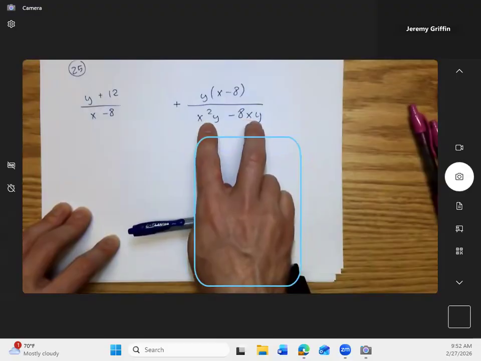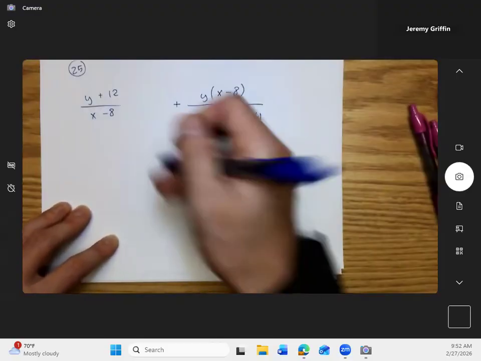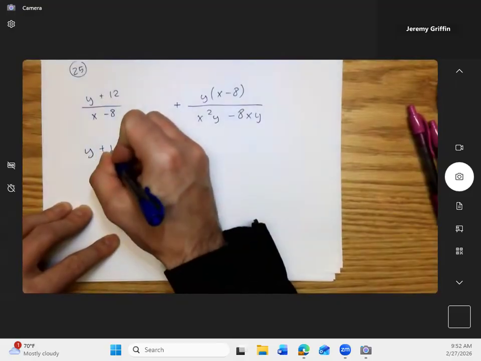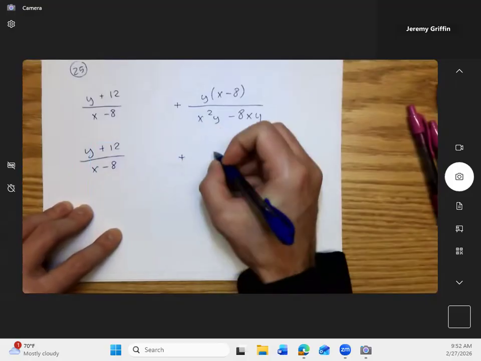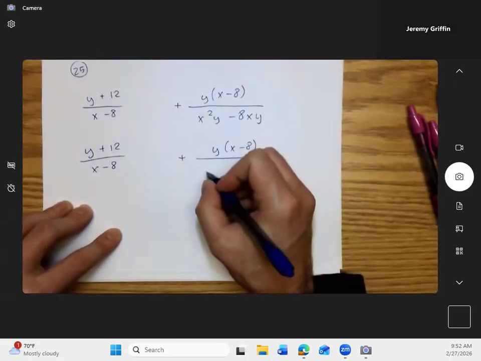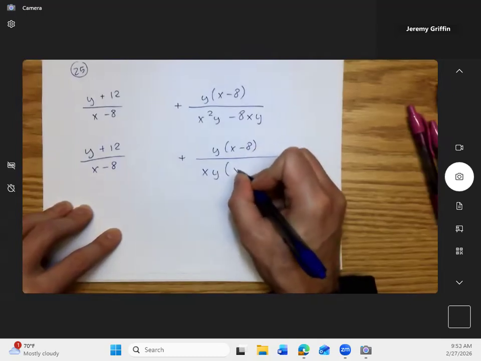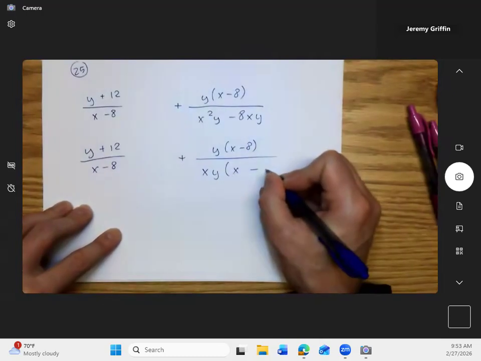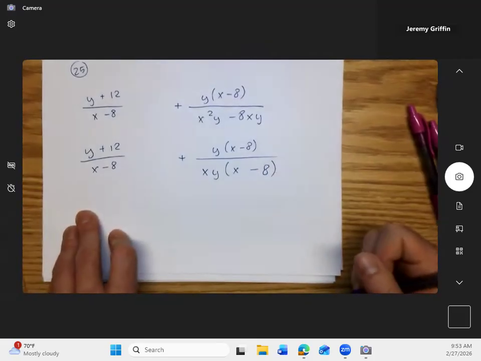An x and a y. So I'll do that first. Let's do y plus 12 over x minus 8, leave a space, and then y, x minus 8. I can take a single x and a single y out, and I'm left with an x in the first term, and then minus 8. Would that be true?